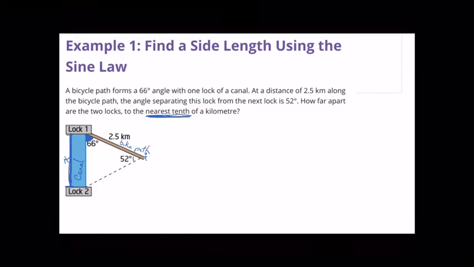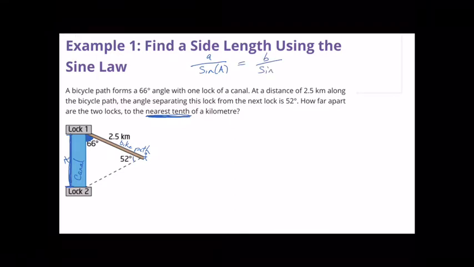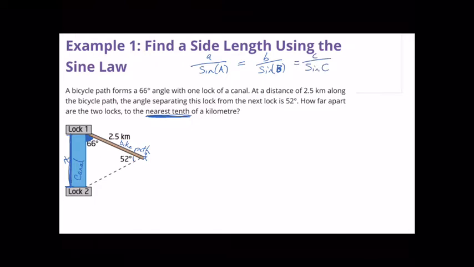So we're going to use the sine law. And the sine law is a side over the sine of its opposite angle, just capital B. So we can label however we want.